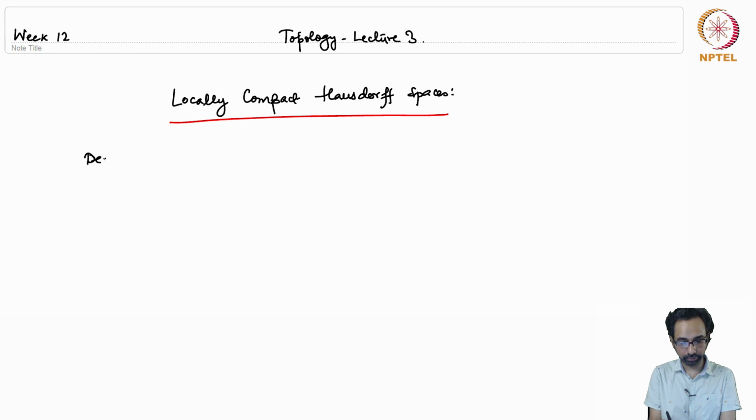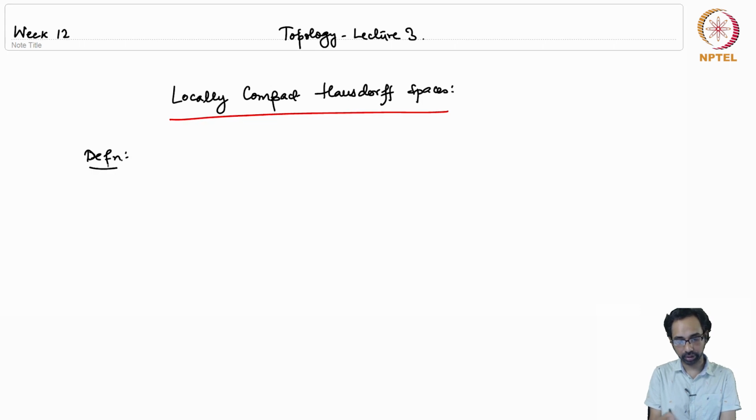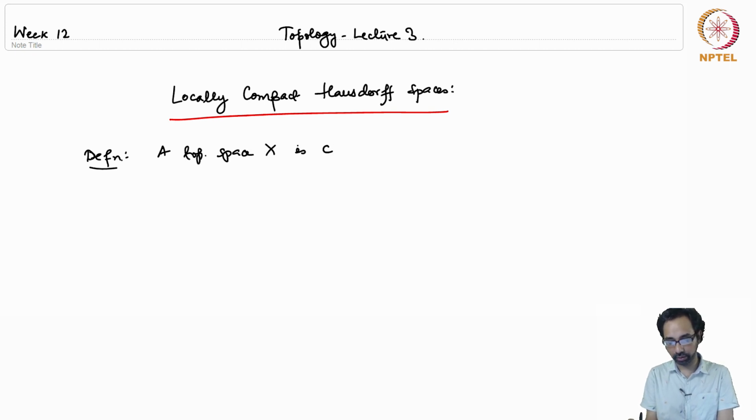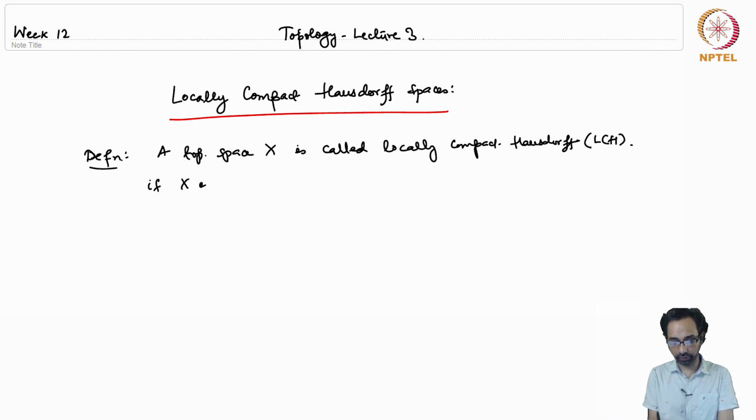Definition. A topological space X is called locally compact Hausdorff, LCH in short, if X is Hausdorff, of course, Hausdorff is part of the name, so we need it to be Hausdorff, and the part which is locally compact.